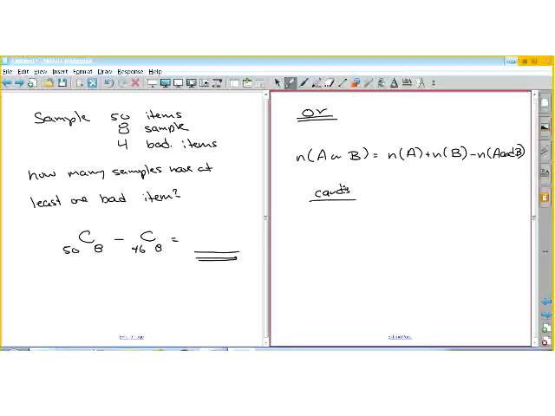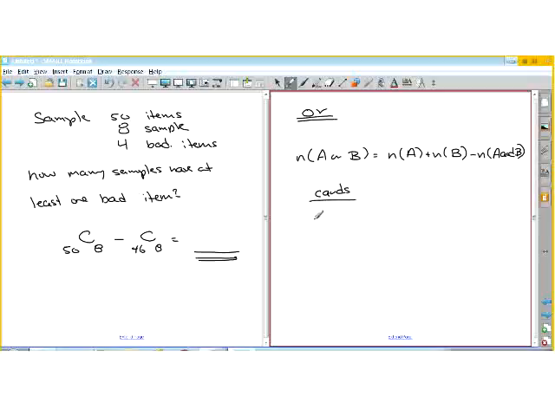So, if you pick so many cards out of a deck, out of those 52 cards, how many satisfy these OR requirements? So let's just give you a question.